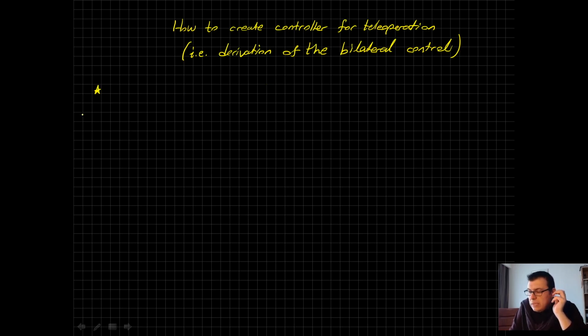Because what we want is to come up with a derivation that's valid for the easiest system.